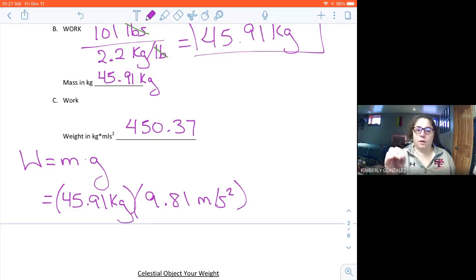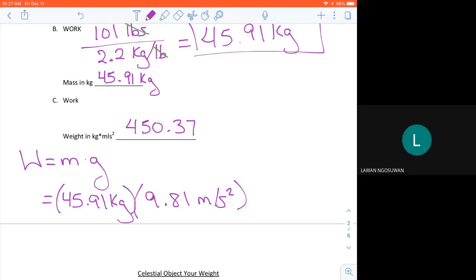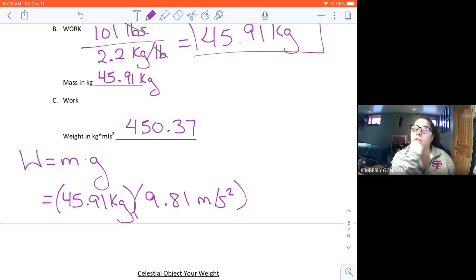Make sure that your original mass was in pounds. There are some of you that already go by kilograms. I don't want you to do that. I want you to convert it to pounds first. Is the work for C W equals mg? The W equals mg? Yes. Thank you. No problem.